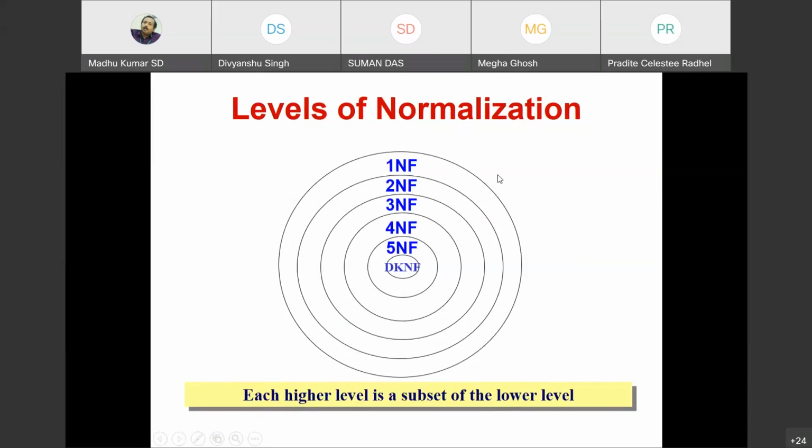This diagram indicates that all relations which are in 5NF are automatically in 4NF, and all 4NF relations satisfy the condition of being in 3NF. 3NF relations satisfy not only 3NF, but also the conditions of 2NF and 1NF.